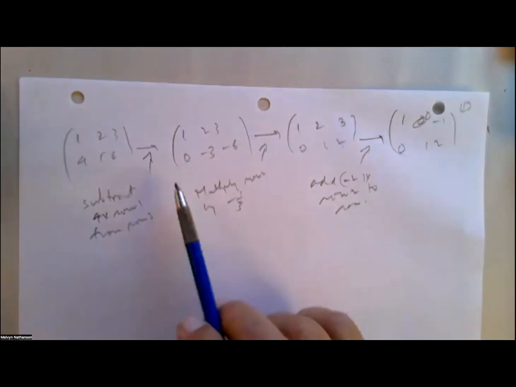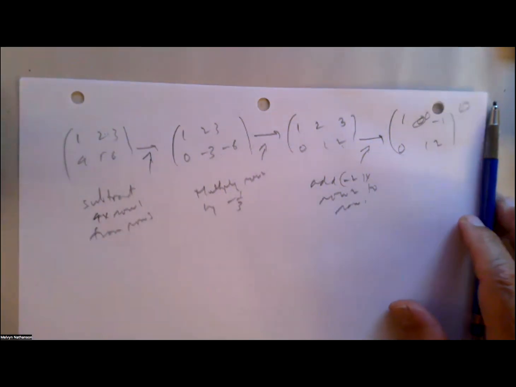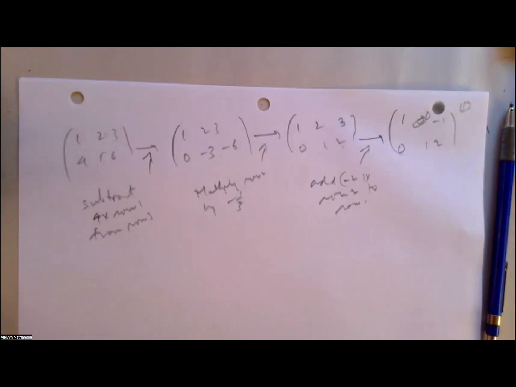So each of these 4 matrices is row equivalent to every other, because I got from one to the other by these elementary row operations. And that's the definition of matrix equivalence.